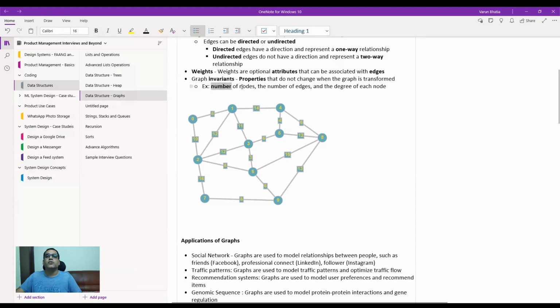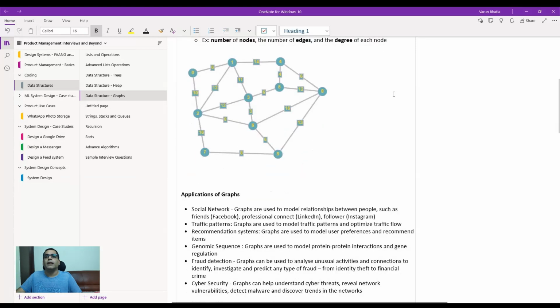If you had, let's say, six nodes initially and you transform the graph, you would want to keep the number of nodes constant, right? The number of edges could be another one. The degree of each node, meaning the connections that each node has. All of these essentially give you the invariants. Not all of these might be required in a particular graph when you're transforming it, but one or more probably can be required.